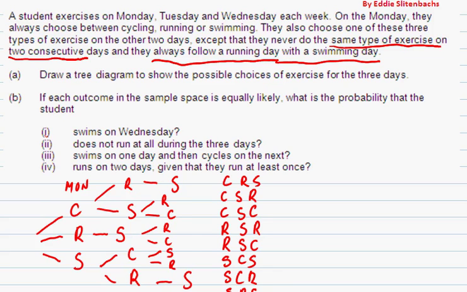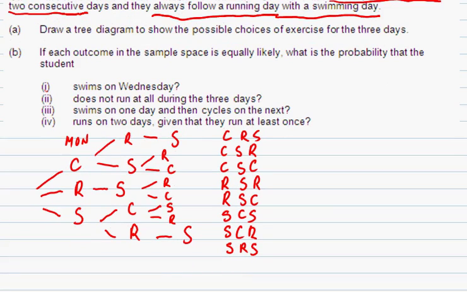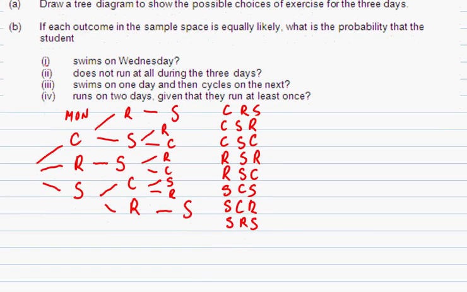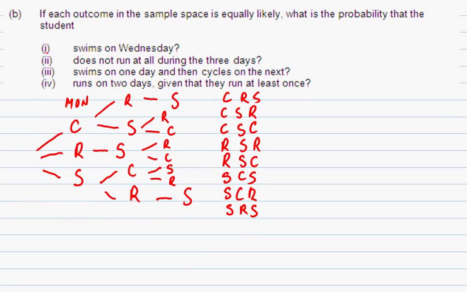Now, for B, we start doing some probabilities. If each outcome of the sample space is equally likely, what is the probability that the student swims on a Wednesday? So that was Monday. That was Tuesday. And that was Wednesday. Okay?